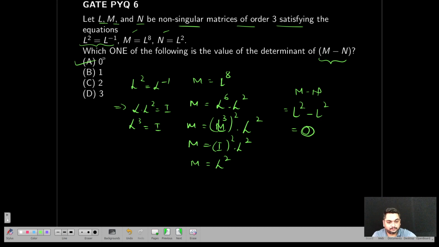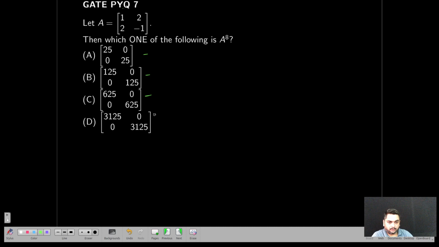Given this 2×2 matrix, which one of the following is A to the power 8? If you observe all the options here, they are all diagonal matrices. That means you check whether this is diagonalizable or not, that is, A = P D P inverse. So this is diagonalizable. What do I have to find?